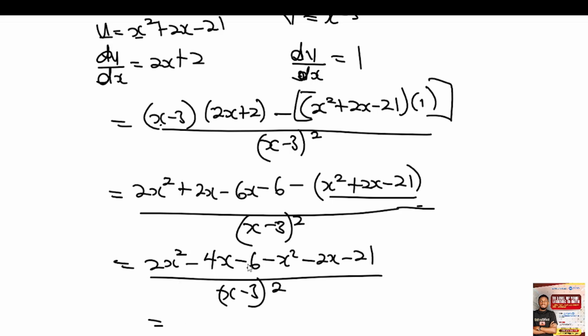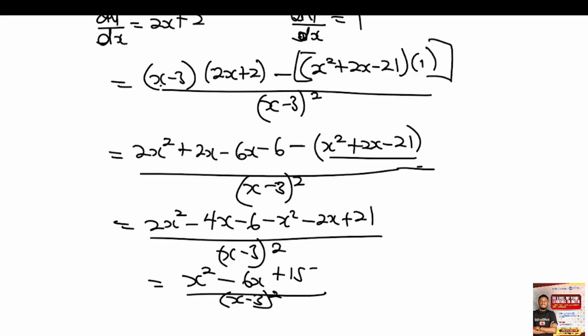So we have 2x squared and negative x squared here. So we are going to have x squared. Then we have negative 4x and negative 2x. That gives us negative 6x. Then we have negative 6. Sorry, this one, the negative times negative will give us positive. So we have negative 6 plus 21 giving us 15, all on x minus 3 all squared.